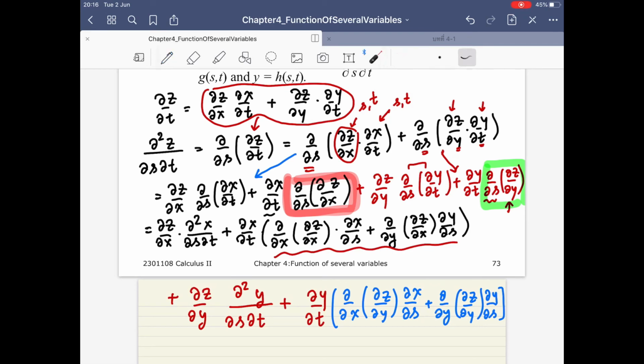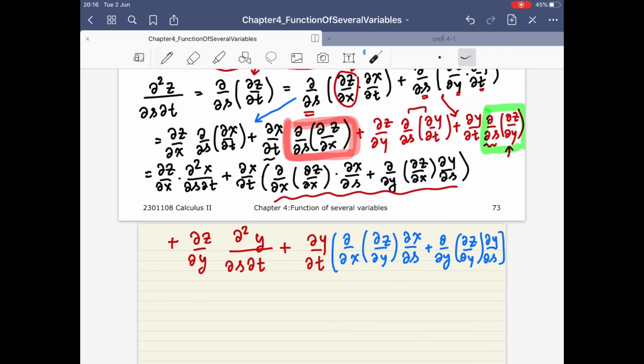Look at it again. These two cancel. Your leftover is this green highlighted. And then you can simplify it a bit. This one is dz by dx, d2x by ds dt. You cannot do anything further. Look at this one first.